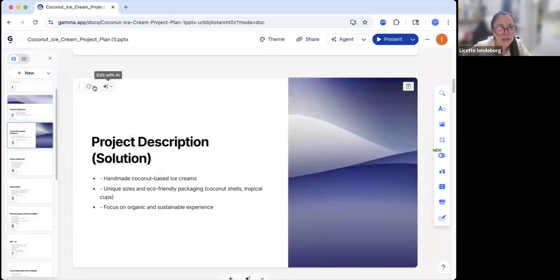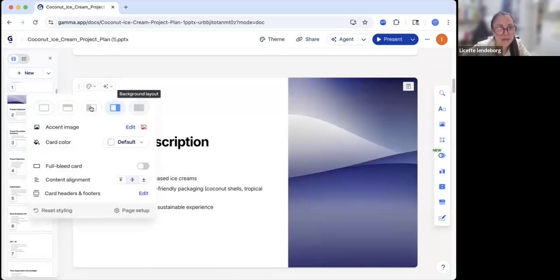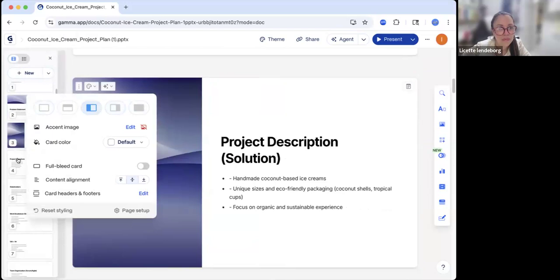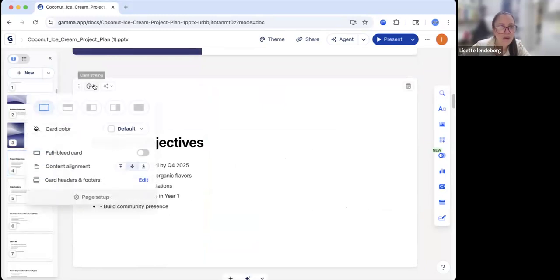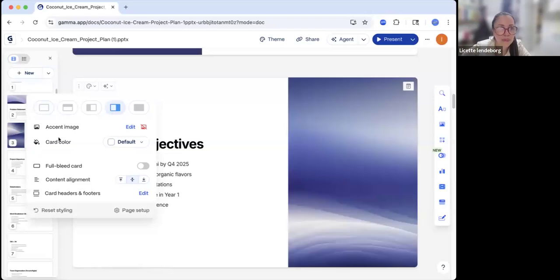Now number 3, the same thing. You go one by one. Remember that on the left side of the screen, it's like PowerPoint here. You have the options for the style of the slide. The name that they use in Gamma is card color. Boom.